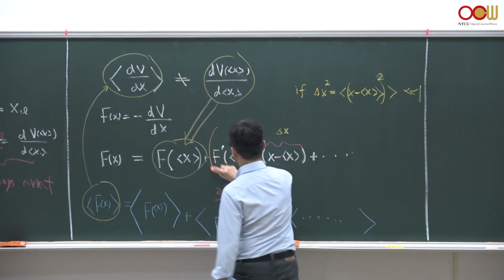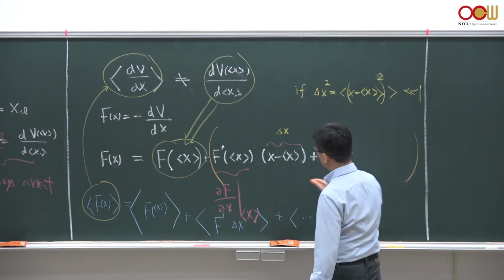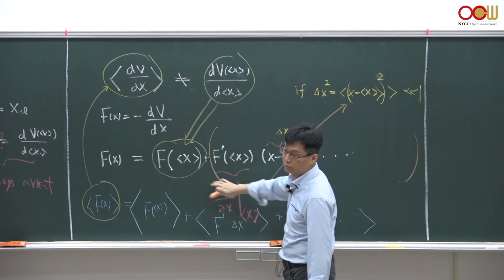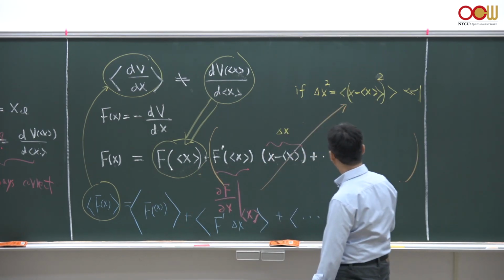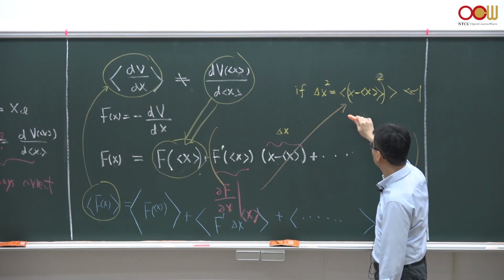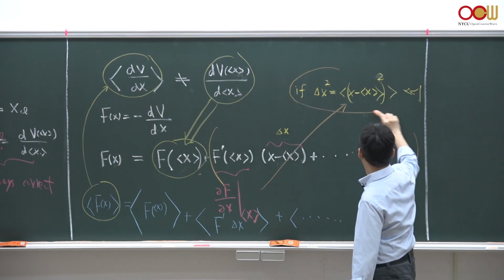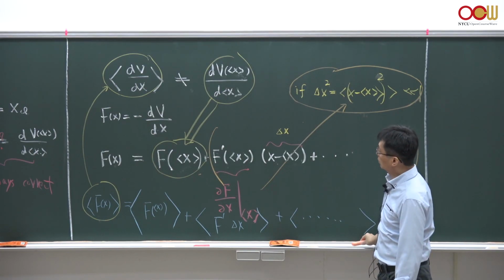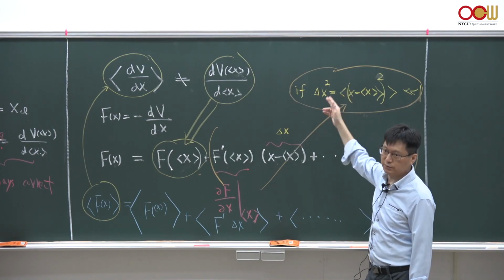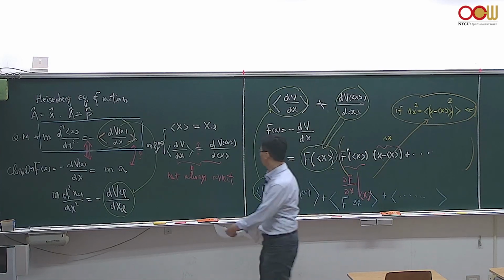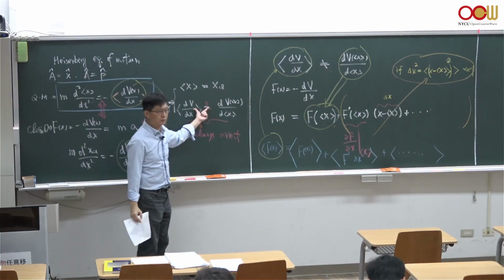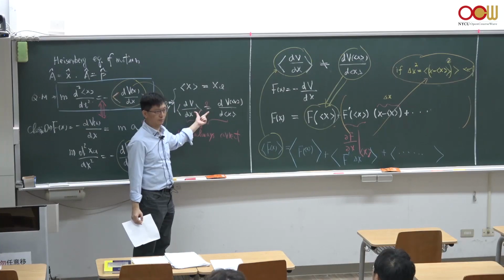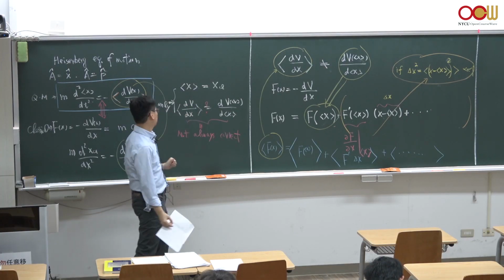All the rest of this correction beyond the zeroth order approximation can be ignored only if the standard deviation is really tiny. In that case, these two quantities are approximately the same, only approximately the same.